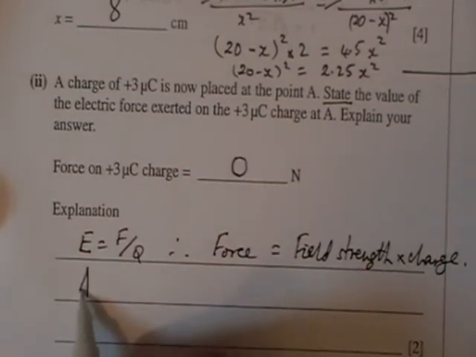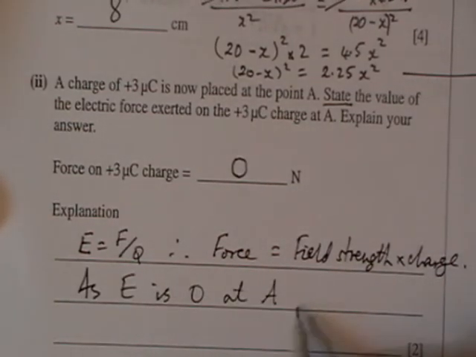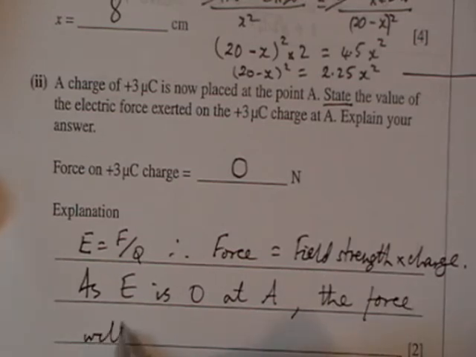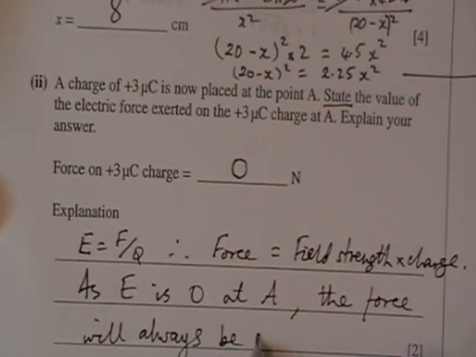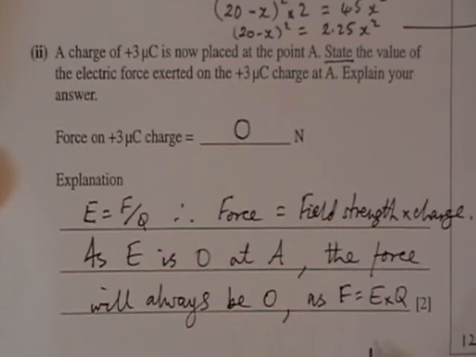So as E is 0 at A, the force must be 0, because F is equal to E times Q. If E is 0, then multiplying by Q gives F equal to 0.